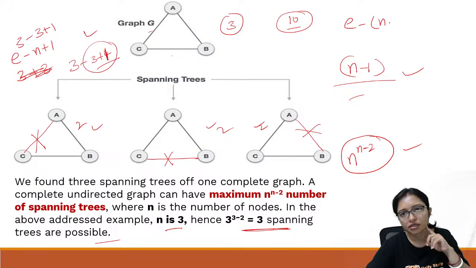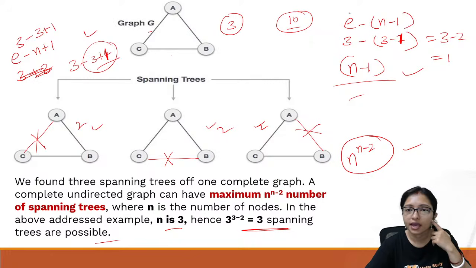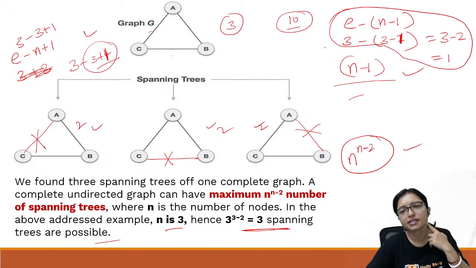If I do e minus n minus 1, then e is 3, 3 minus 3 minus 1, that is 2. So 3 minus 2 is 1. So here you can do it this way, 3 minus 3 plus 1.